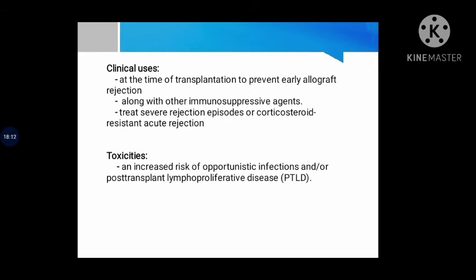It may also be used to treat severe rejection episodes or corticosteroid-resistant acute rejection. It is usually used for 3 to 10 days to produce profound lymphopenia, and that may last beyond 1 year.